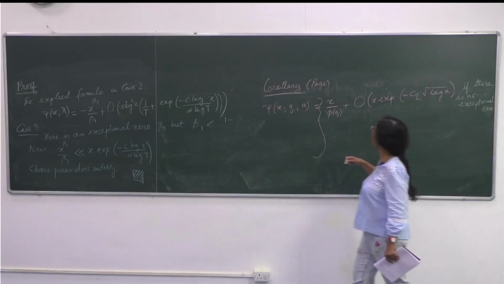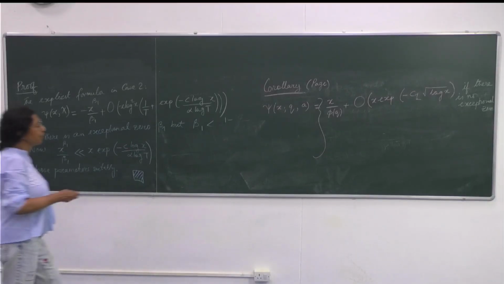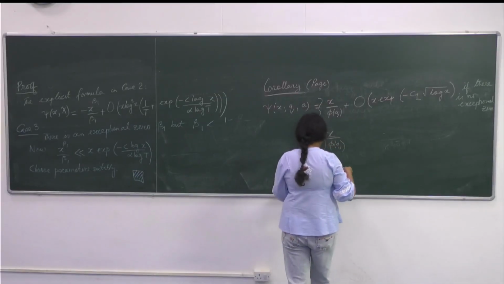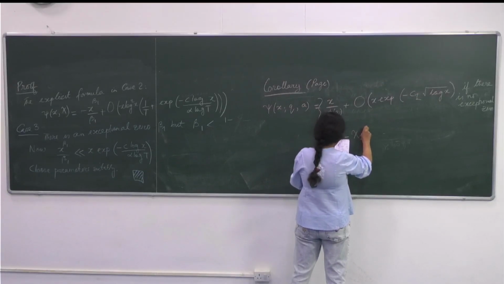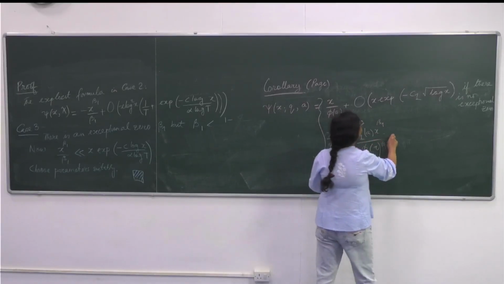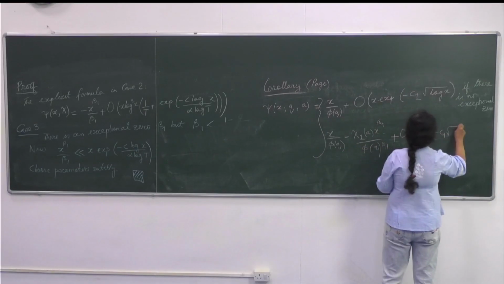Or it is equal to a term containing exceptional zeros, and this time you're going to still have x by phi q, the first main term, and then a second main term: chi1 bar of a, x to the power beta 1 over phi q times beta 1, plus big O of x exponential minus c1 square root of log x.